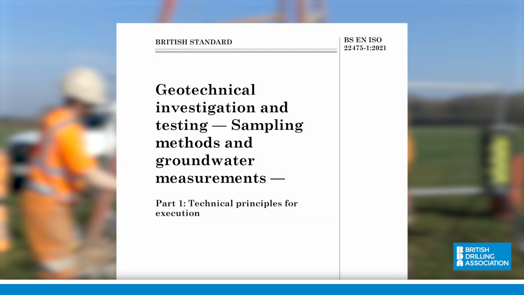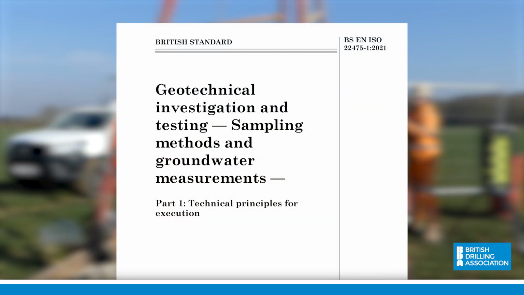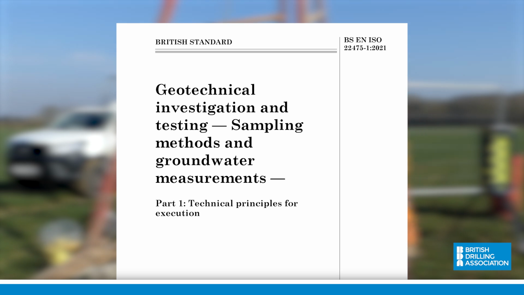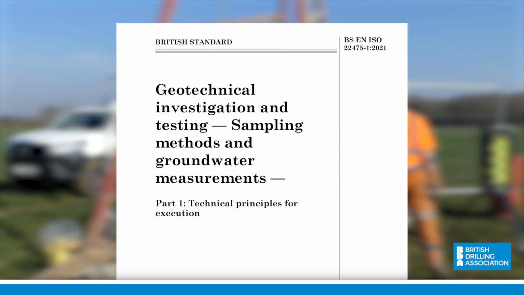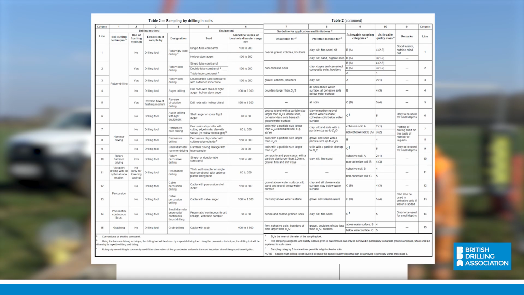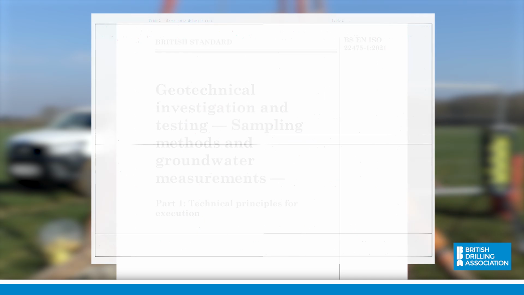BS EN ISO 22475 Part 1 provides details of different samplers and in which ground conditions they should be used. It also provides a quality classification scheme which provides information on what testing can be carried out on various classes of samples.